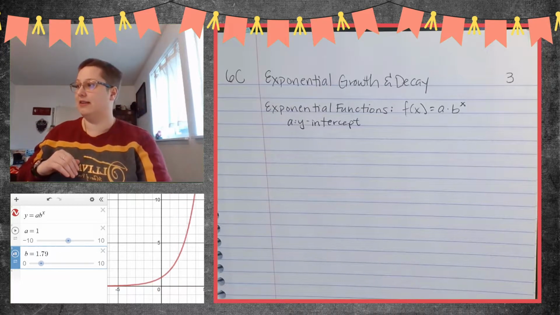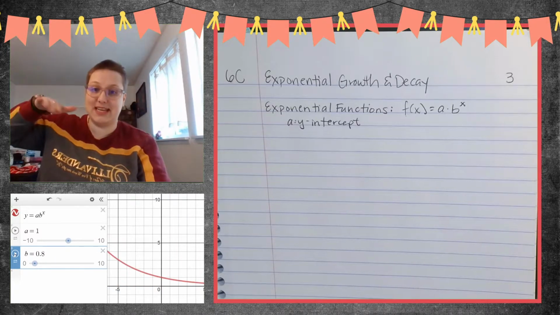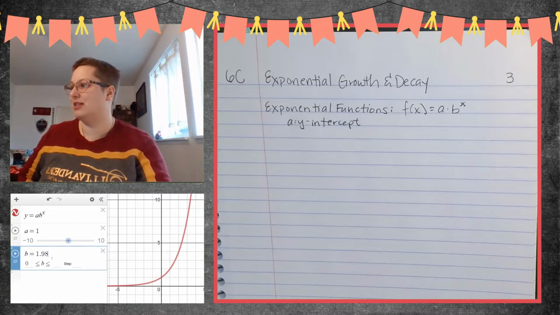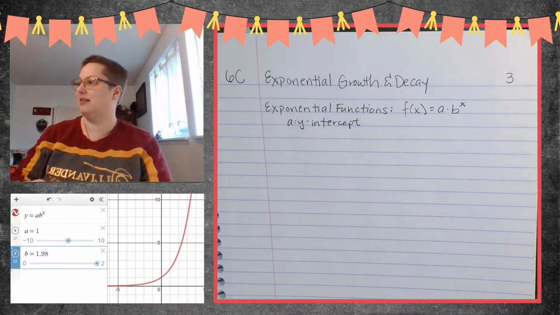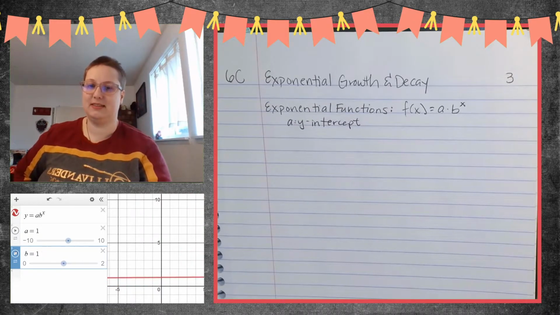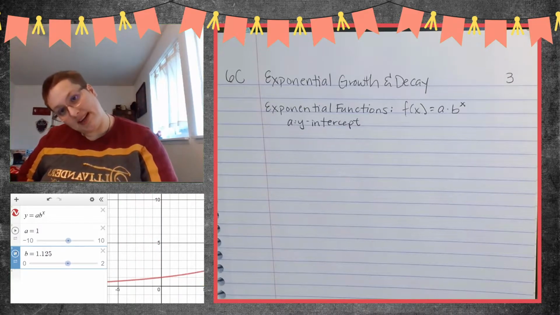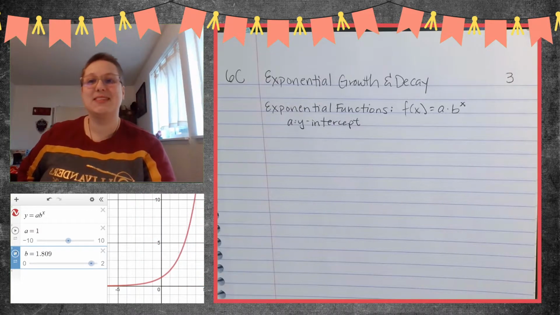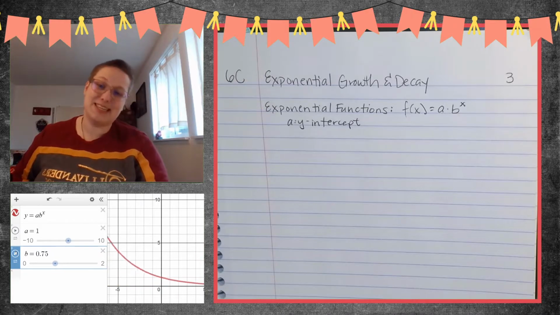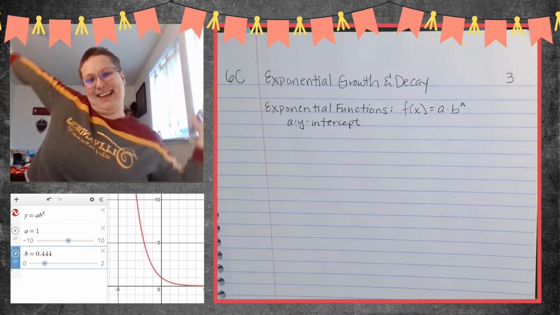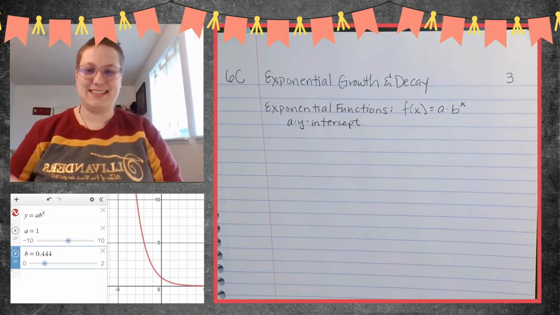When b is a fraction, it goes the other way. It's only there for a little bit because it's between 1 and 2, basically. It's like it's exercising, it's my yoga for the day, this graph.